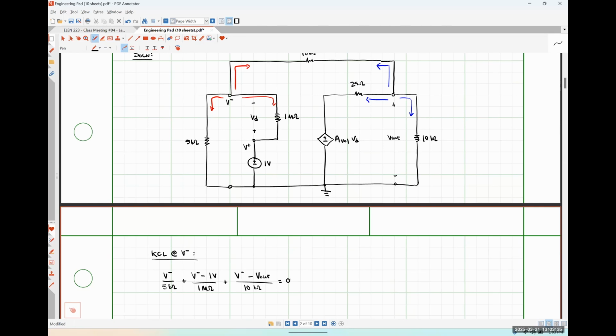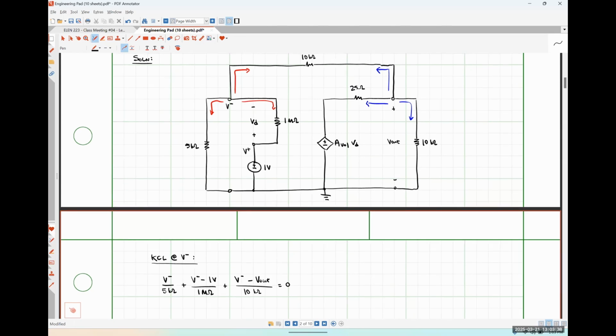All right. So over here on the right, so that we can still see the circuit, I'm going to go ahead and set up my KCL at V out equation. Okay.